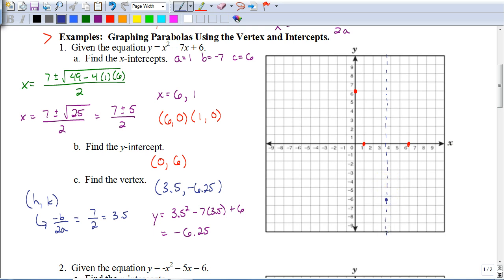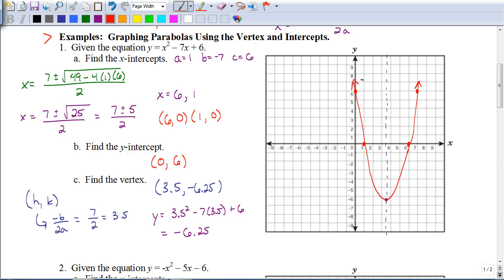So now we can see that our x-intercepts are already reflected over that line. But my y-intercept up here is 3.5 units to the left of that line of symmetry, so I'm going to reflect it so it's 3.5 units to the right of the line of symmetry. So now I can connect these and make my parabola. It looks something like that.